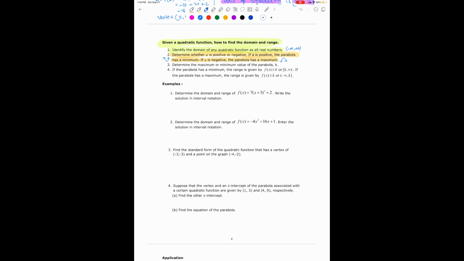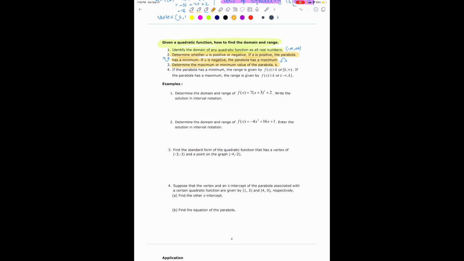Then we're going to determine the maximum or minimum value of the parabola by finding the k value of the vertex. So we have to find h and k one more time. We have to determine the vertex of the parabola and then determine the k value, because the range depends on the k value.